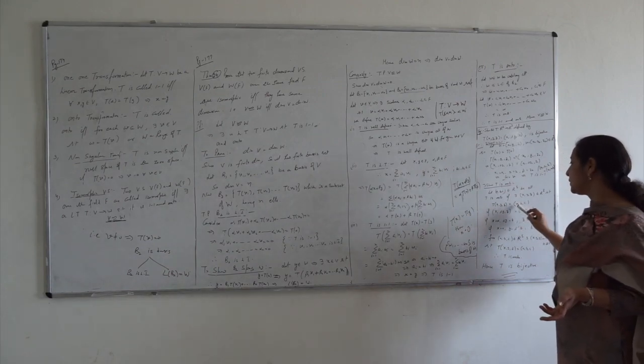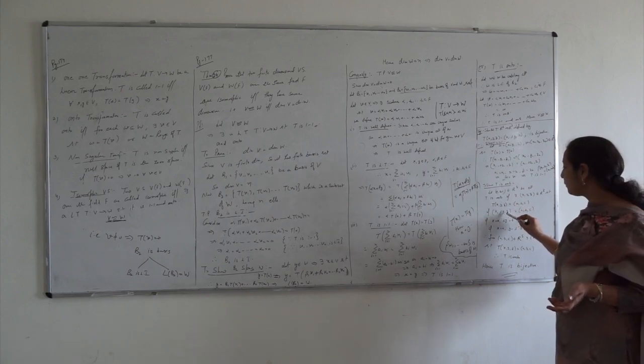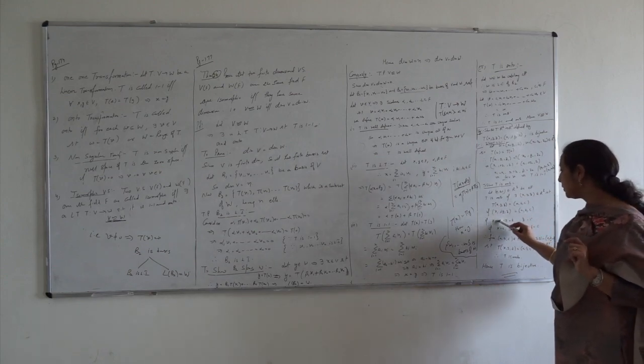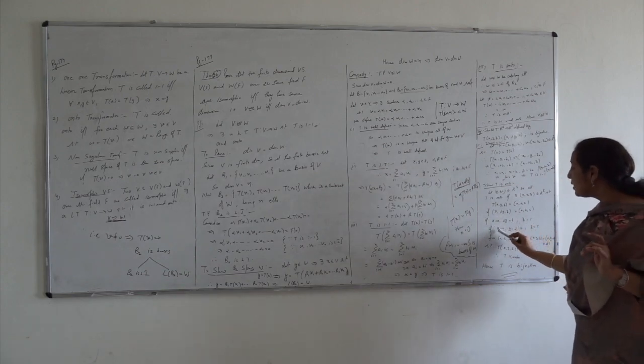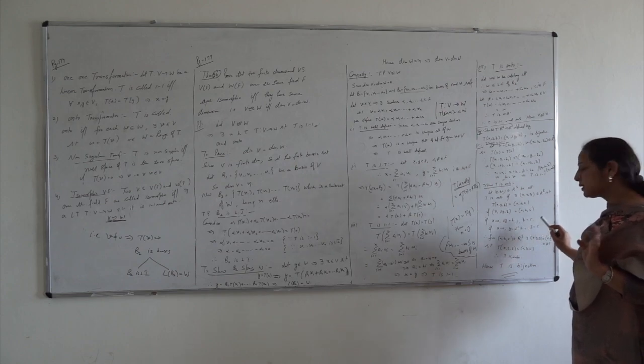So T of (x, y, z) is equal to (a, b, c). We take this transformation, (x, lambda y, z) is equal to (a, b, c). Both are equal if x is equal to a, lambda y is equal to b, z is equal to c. That means x is equal to a, y is equal to lambda inverse b, z is equal to c.